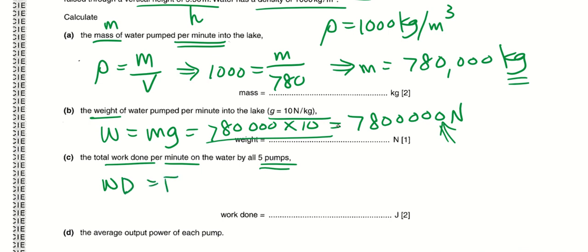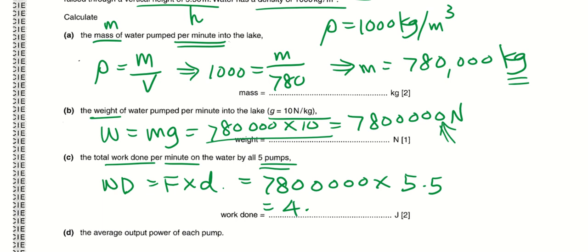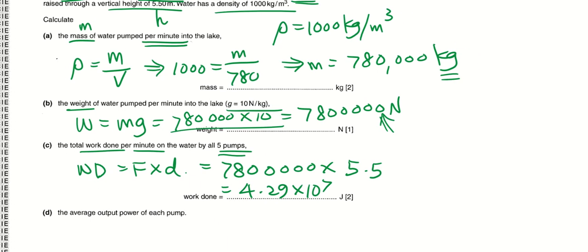It equals force times distance moved. The force is 780,123 multiplied by the total distance of 5.5. So I'll get a value of around 4.29 times 10 to the power of 7 joules. But what if somebody wants to calculate using GPE?